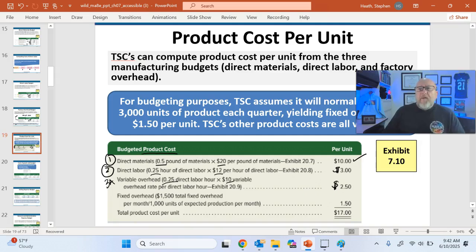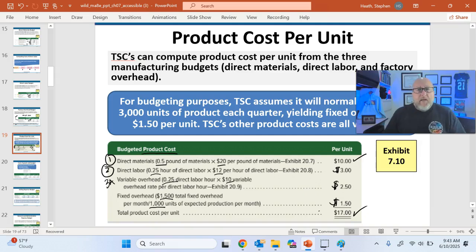And then finally, we can do the fixed overhead. From the previous slide, we said we are going to incur $1,500 of fixed overhead, and we expect to produce 1,000 units. So if I take 1,500 divided by 1,000, I get $1.50 per unit.